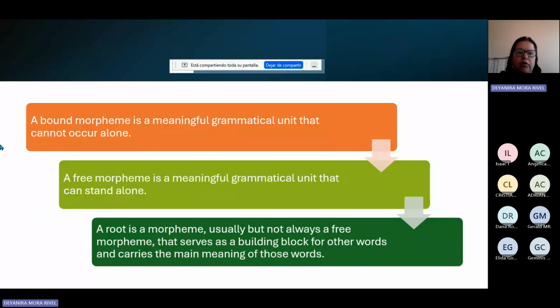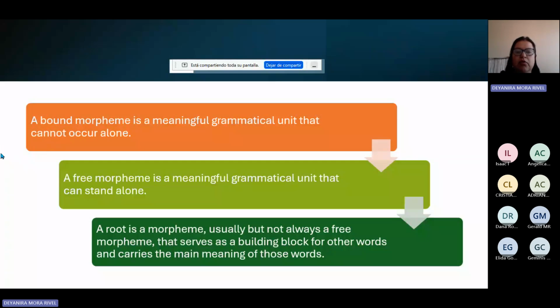A free morpheme has meaning on its own. It doesn't need anything else. Okay, so I can say cat, or I can say happy, and it means something, right? I don't need anything else added to it.